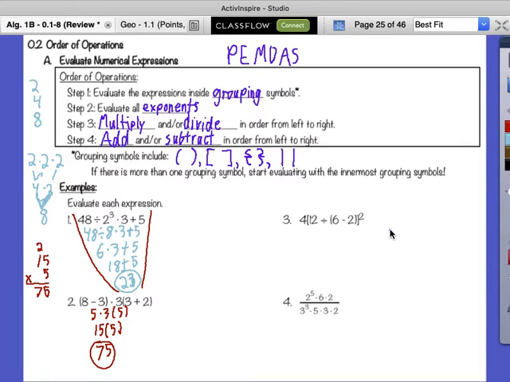If you're done and want to work on number 4, then you can.